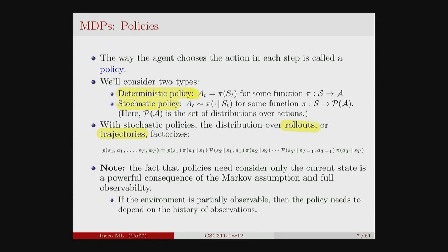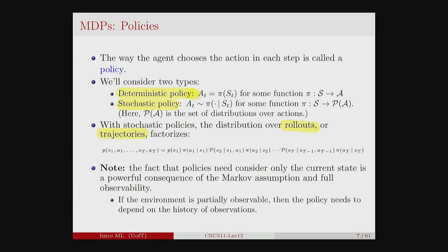And with stochastic policies, the distribution over rollouts or trajectories factorizes. So what does this mean? Whenever you see this word rollout or trajectory, it's referring to a tuple of state action pairs that have been evaluated over multiple different time steps.